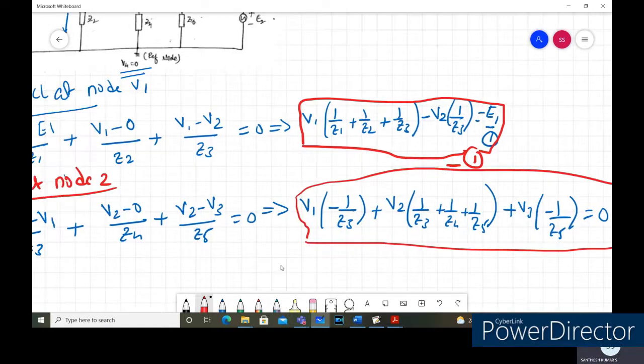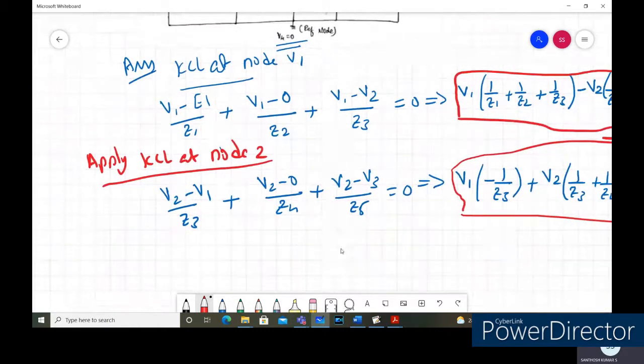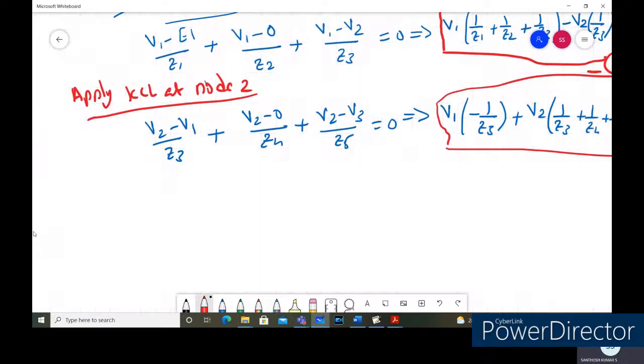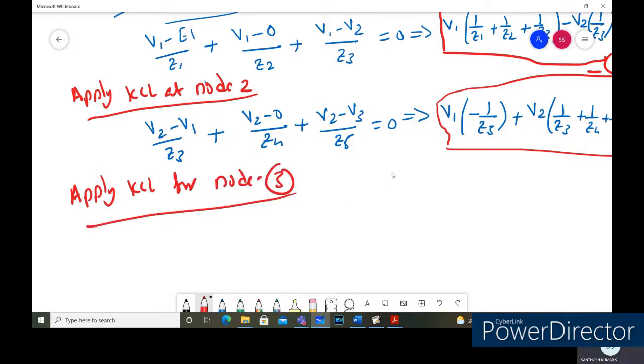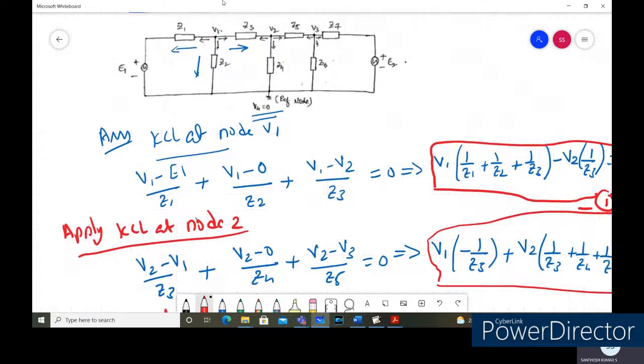Similarly, we apply the KCL for node 3. In node 3 we have a circuit element, and we again assume that all the currents are leaving the node.